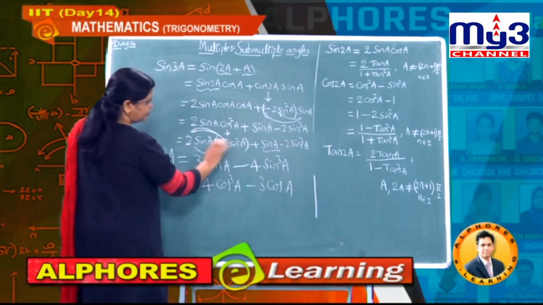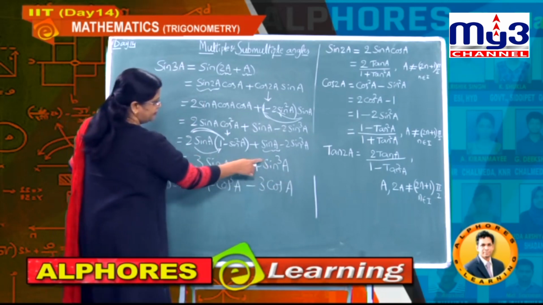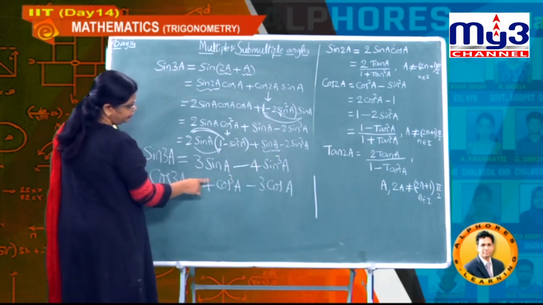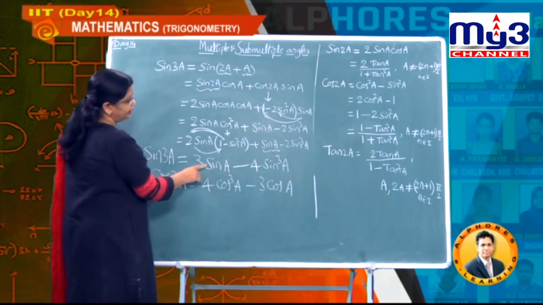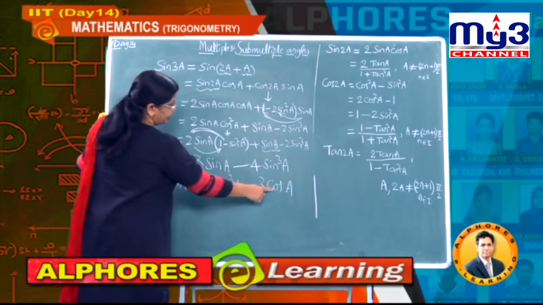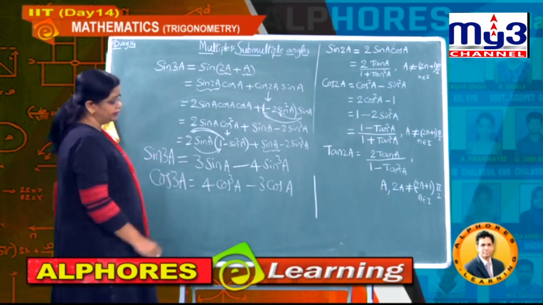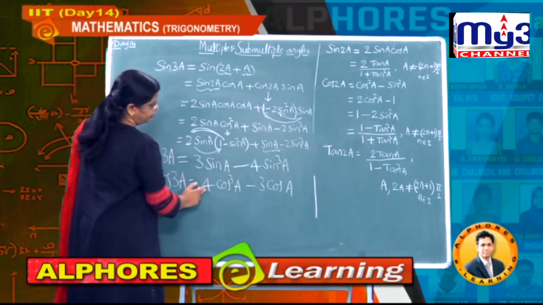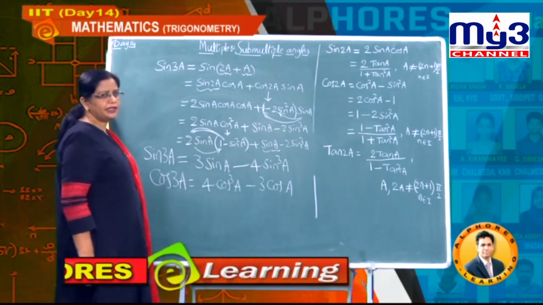Before the cubic value you always have 4, and before the first degree term you have 3. So it is the same model formula, just reversed. Cos is 4 cos cube minus 3 cos, and sin is 3 sin minus 4 sin cube.